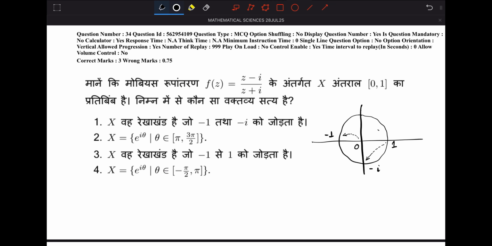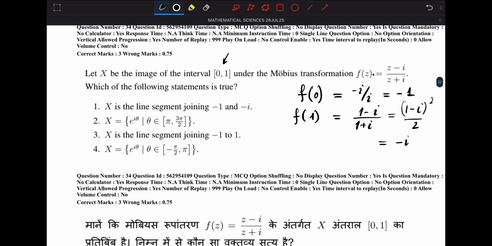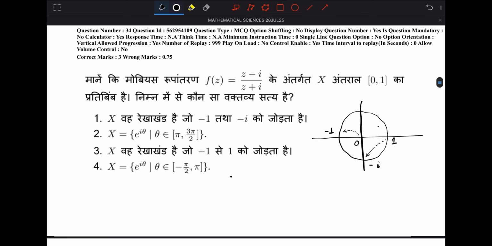As we notice, f of z equals (z minus i) divided by (z plus i). So on [0, 1], the map is continuous, so it has a continuous image.